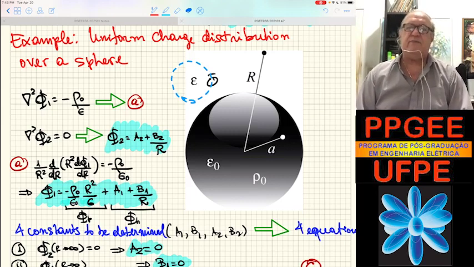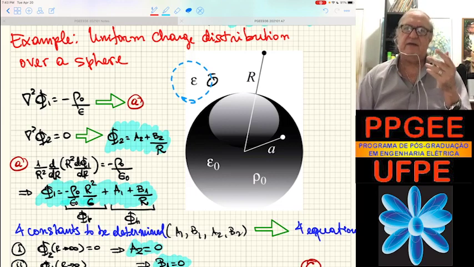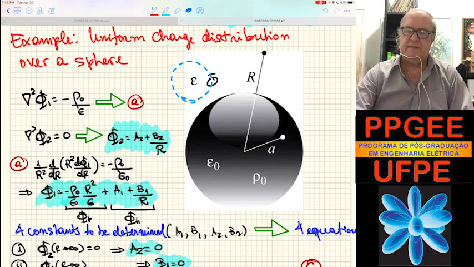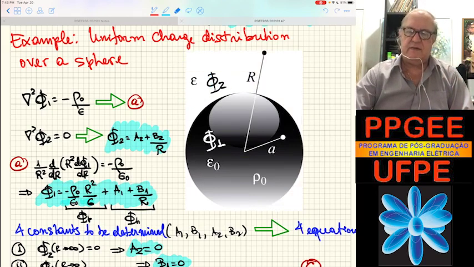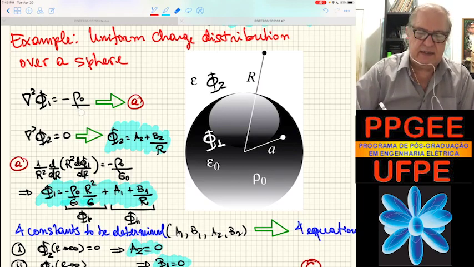Now we have to break the problem into two problems, because we have different regions. Let's call this region 1. I think this is wrong here. I hope this error doesn't propagate.